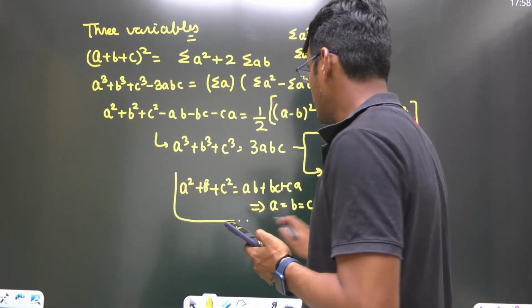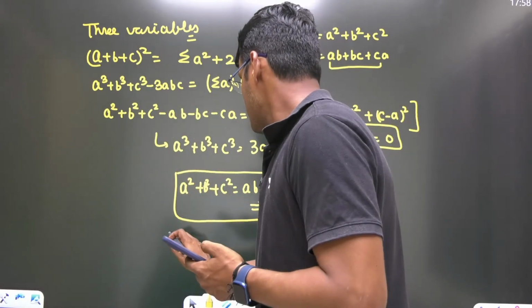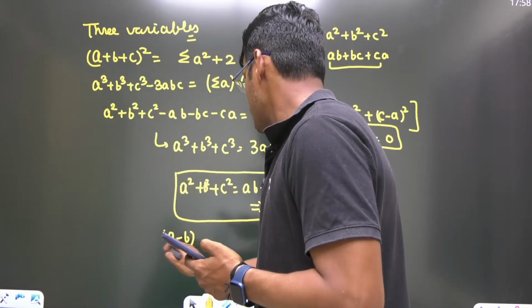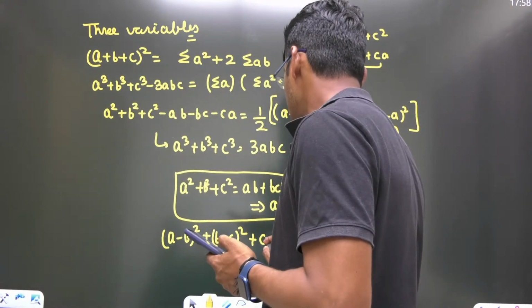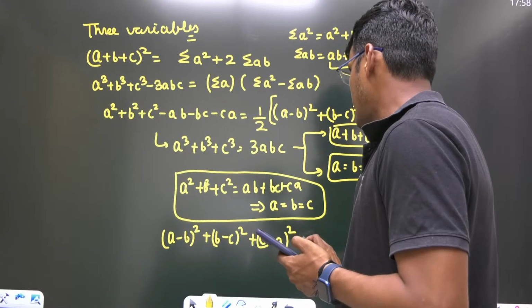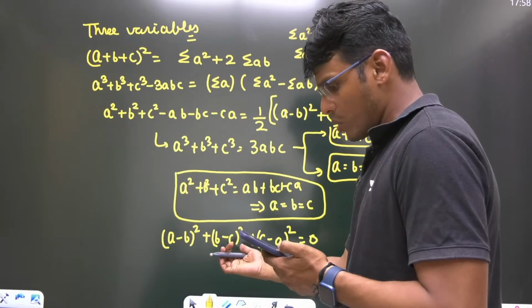Why this? Because this essentially gives this. Now how can a sum of perfect squares be 0? A sum of perfect squares can be 0 only when each is greater than or equal to 0 and they all add to 0.